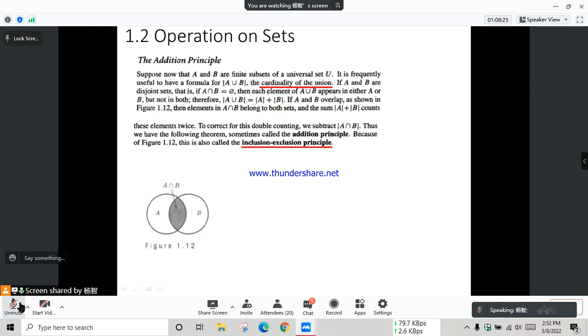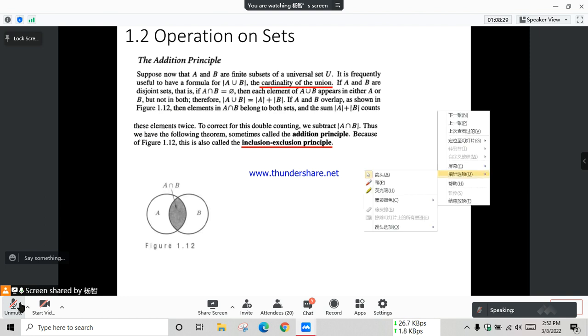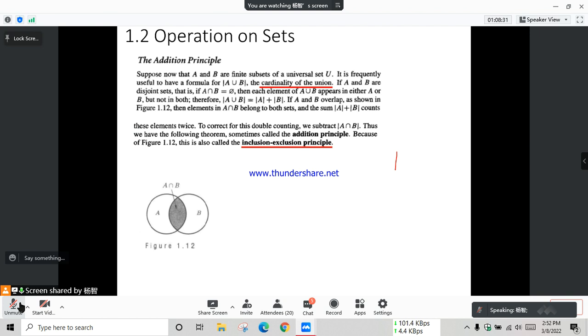For this symbol, like this, the vertical bars. It means the cardinality. Do you remember the cardinality of a set?